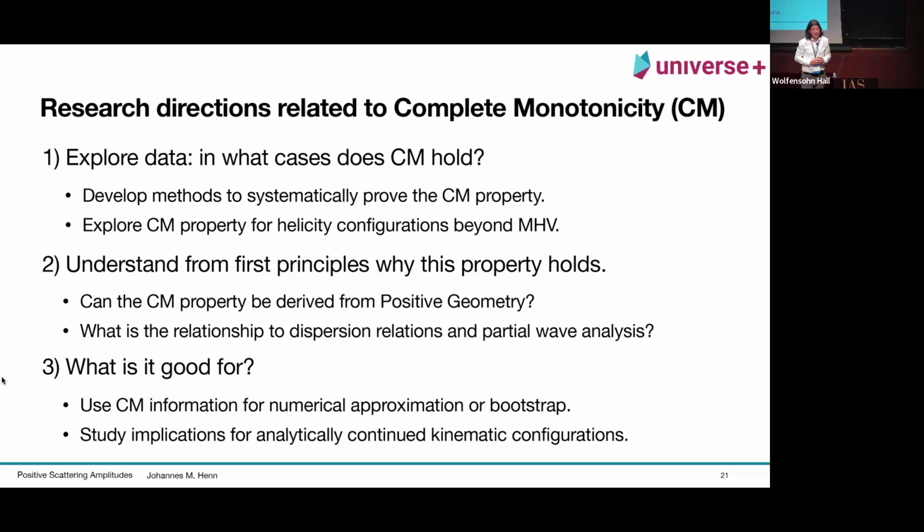Then a second point has to do with understanding why this property holds from first principles. Can we make this connection to positive geometry more concrete? Perhaps knowing that there's more to look for helps in some way.